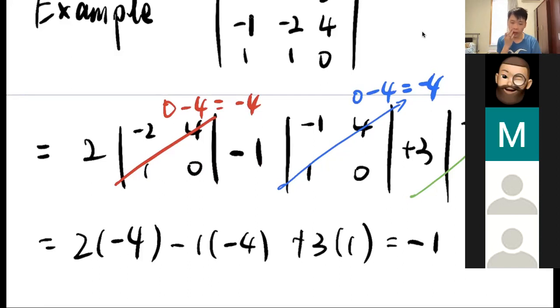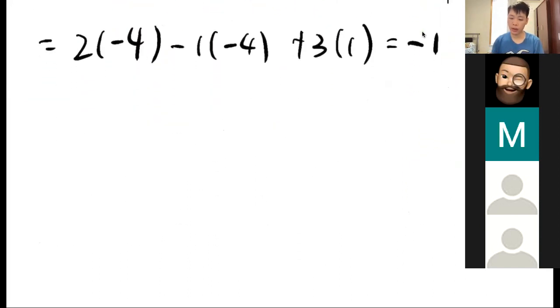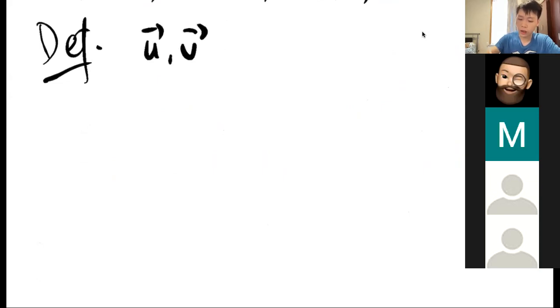So why do we need to introduce the determinant? The definition for cross products depends on finding determinants. So let's say U and V are 3-dimensional vectors.